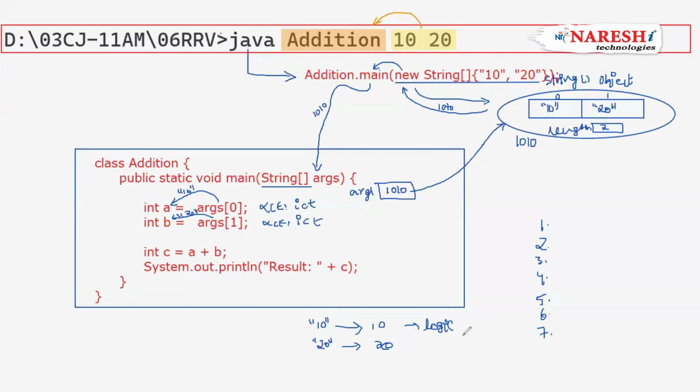Adding two numbers logic is the same from one developer to another. Similarly, converting double quotes 10 to 10, a string number to a primitive number, is the same logic for all developers.